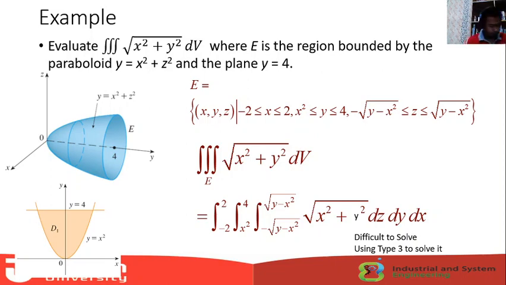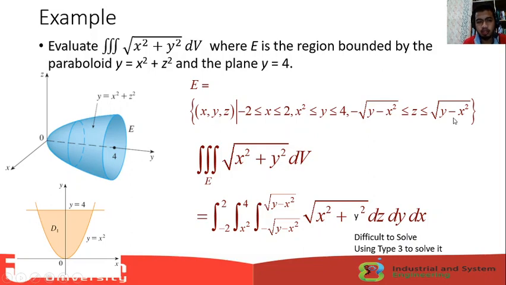Okay, so z should be in this region, from minus the square root of y minus x square to the square root of y minus x square.